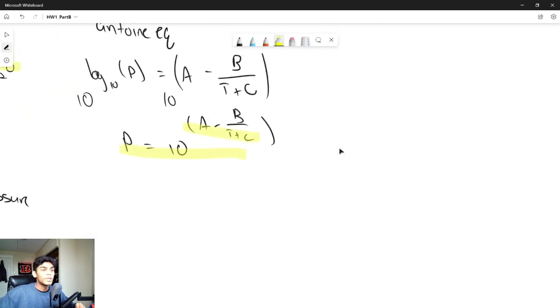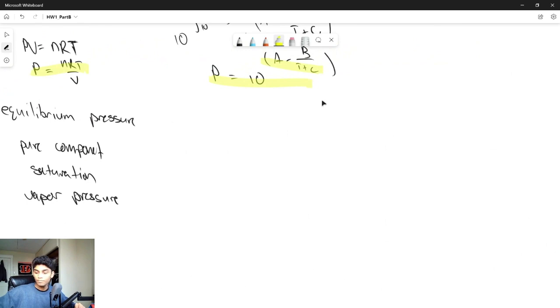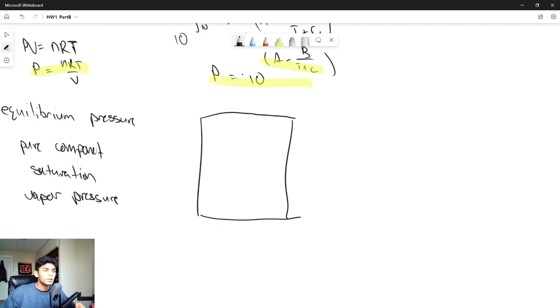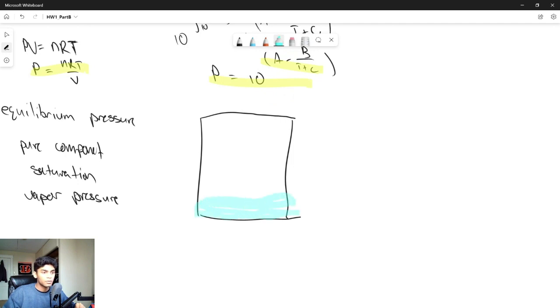So now let's start piecing this together. I'll use this area over here. Let me redraw a 2D model of this diagram. There we go. So we know that we have some water in our system here.